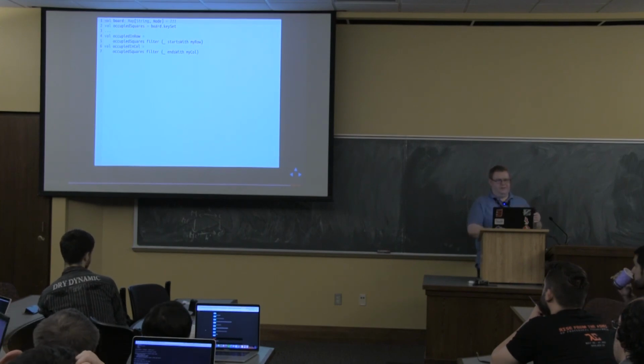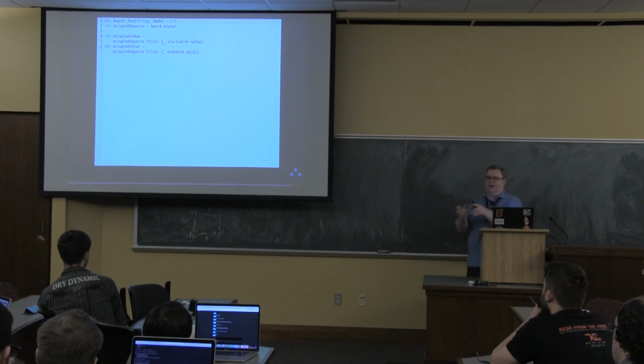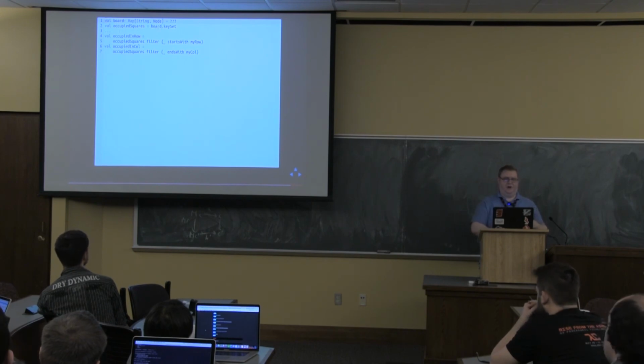And you know that this stays in sync with the board because they're immutable. And you know when in your game loop that updates. So you don't have to keep these in the same larger data structure. You don't have to be afraid that somewhere halfway through your algorithm this occupied squares is going to be different than the squares in this board.